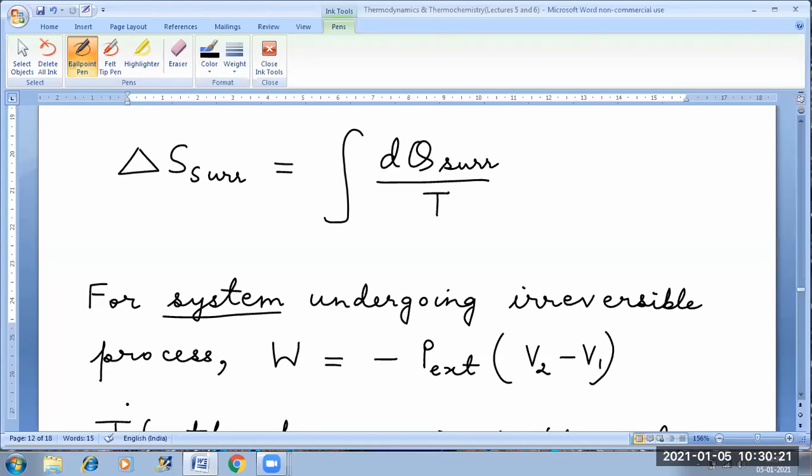So for calculating Q of surroundings, we do not assume a reversible process. We take the actual process which is occurring. But when we are calculating Q of system, we always assume the process to be reversible and then calculate the Q of system. This is the rule to be kept in mind.